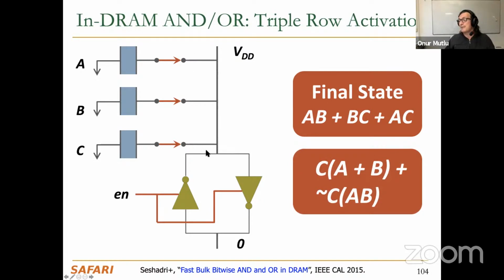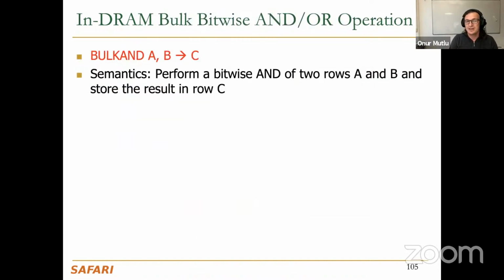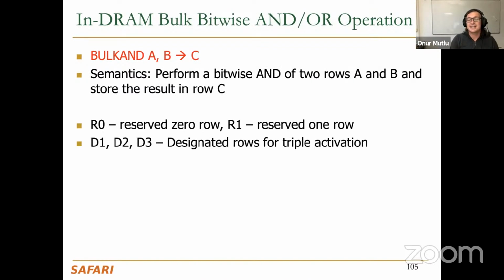Now it's beautiful. You can do bitwise computation in a massively parallel manner in a DRAM chip. You can expose this to the ISA. The paper talks about it. It takes advantage of RowClone also, and it has an implementation. You have a reserved 0 row and a reserved 1 row so that you can do AND or OR, and you have designated rows for triple row activation so that you can reduce the cost as much as possible.